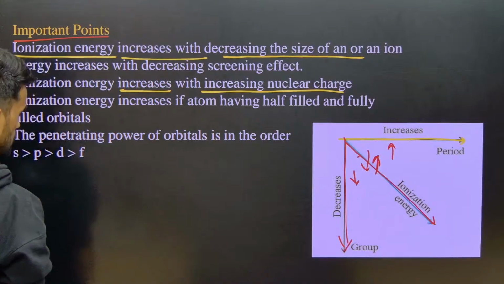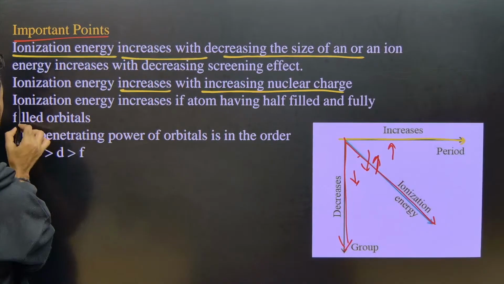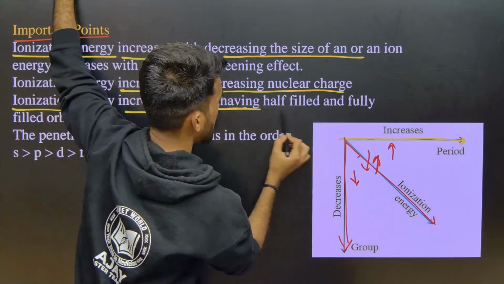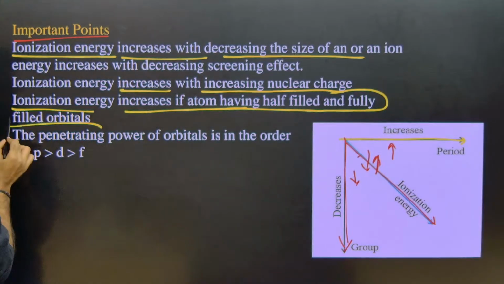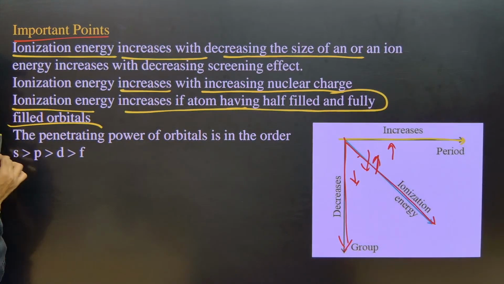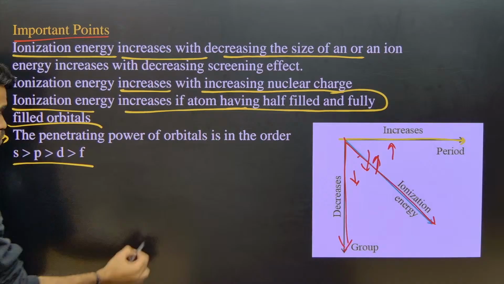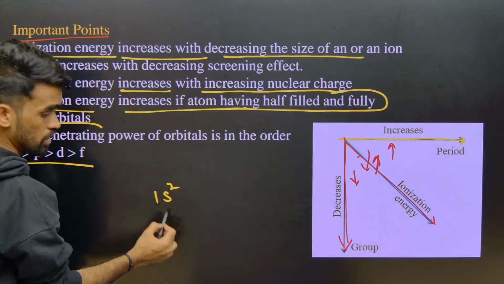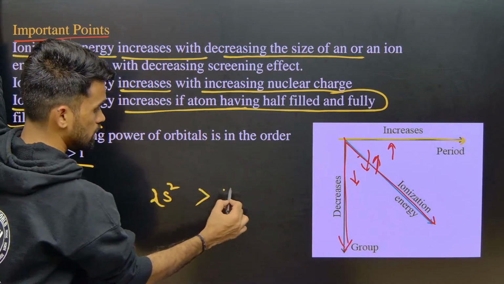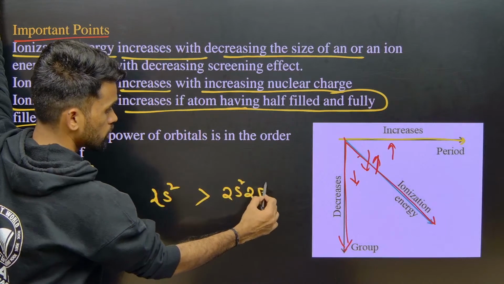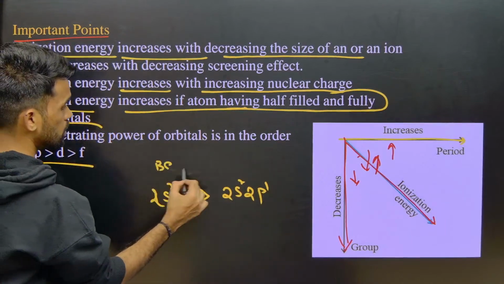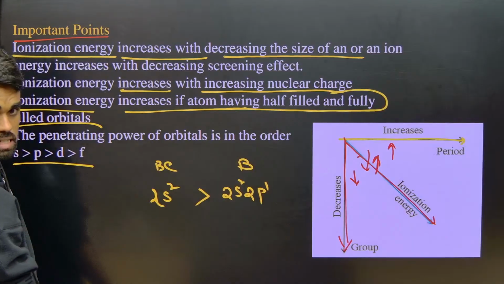Next, ionization energy increases if the atom has half-filled and filled orbitals. Next, the penetrating power of orbitals is in the order s, p, d, f. That's why 2s2 has more ionization energy than 2s2 2p1, like beryllium and boron. Is that clear or not?